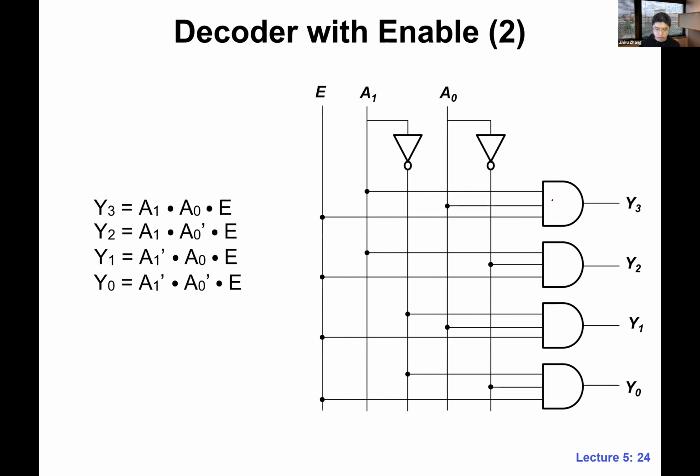Looking at the circuit diagram, we are basically adding this enable line. Since we have an AND gate on the output side, when E is 0, everything will be 0. Otherwise, we have a normal decoder. So this is the decoder without enable and the decoder with enable.